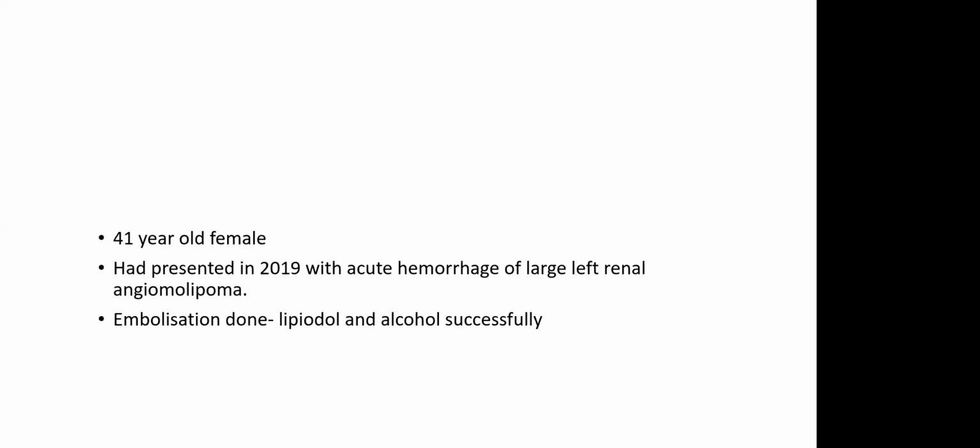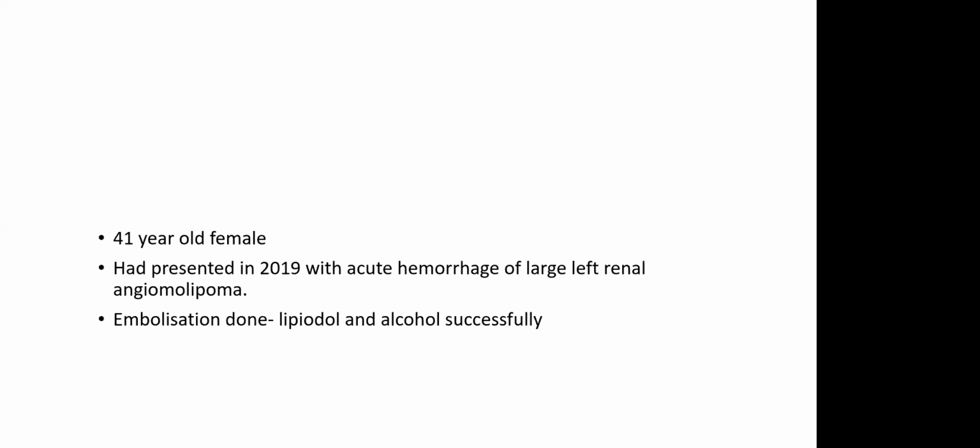And so once the tumors get to at least 4 centimeters, they have a high risk of bleeding. And also being a female gives her a higher risk of bleeding. So this patient had bled, and she had other comorbidities, and the surgeons were hesitant to go and remove the kidney. They wanted to preserve her renal function, and so she was referred to us for embolization.